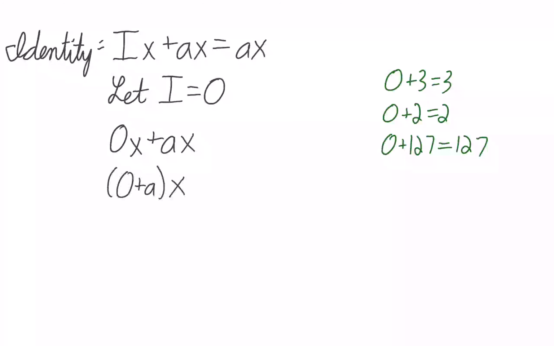And that would be the new coefficient. Okay, well, we know 0 plus a is just a, whatever a is. And we get ax, which is what we wanted. So 0x plus ax is ax. So this works. So I believe that the identity property is true, so let's check that off.